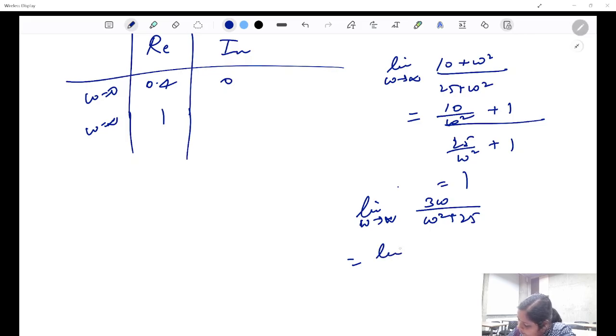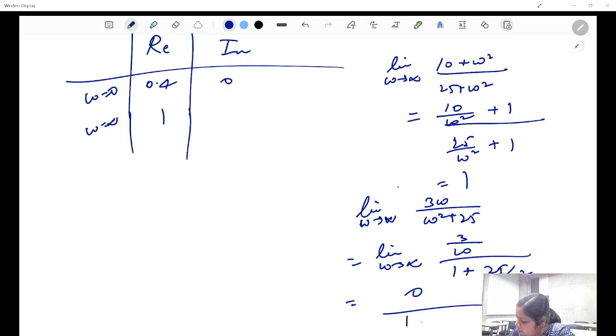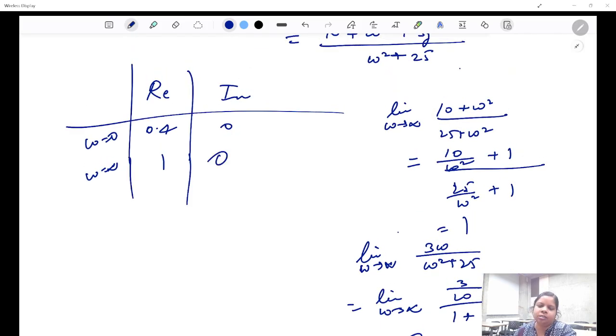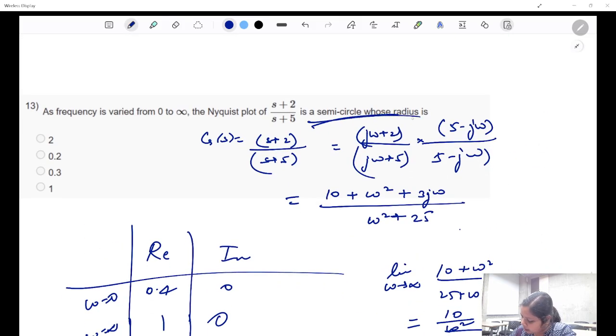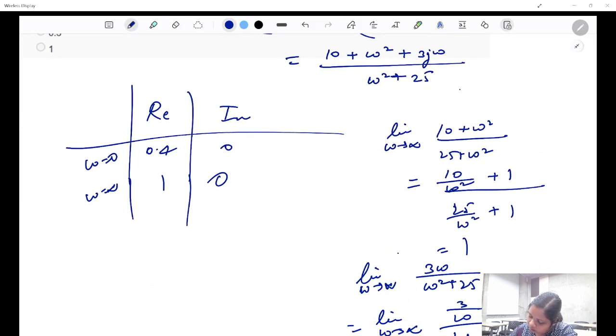So here we'll write limit omega tends to infinity, divide by omega square. It would be (3 upon omega) upon (1 plus 25 by omega square). In the numerator we'll have 0 and in the denominator we'll have 1 plus 0. So it's going to be 0. So your imaginary part is 0.